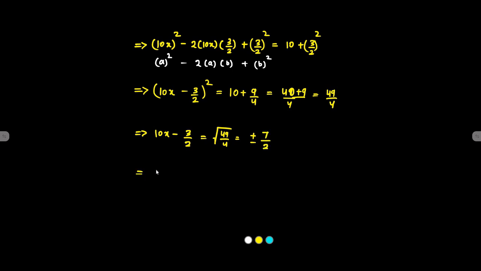Now that implies 10x is equal to 3 by 2 plus minus 7 by 2. So that implies 10x is equal to 3 by 2 minus 7 by 2, or 10x is equal to 3 by 2 plus 7 by 2.